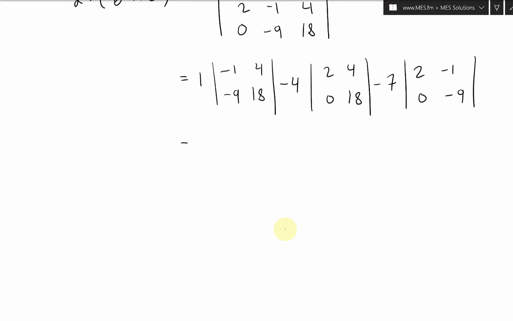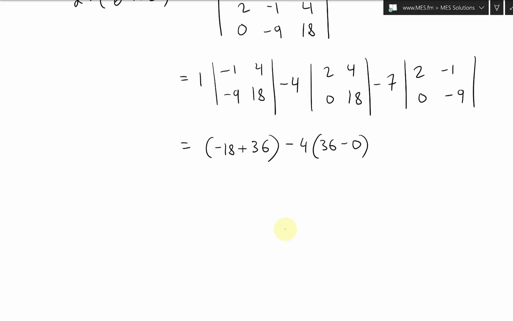The next step is to multiply diagonally and subtract. So we get 1 times negative 18, negative 1 times 18. Then minus, and negative becomes positive, so 9 times 4 is 36. Minus 4 times the quantity 2 times 18 is 36, minus 4 times 0, which is 0.